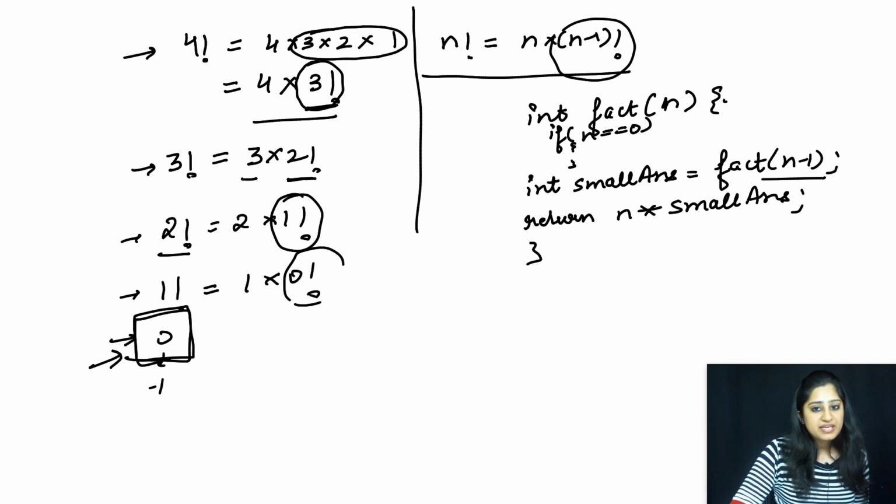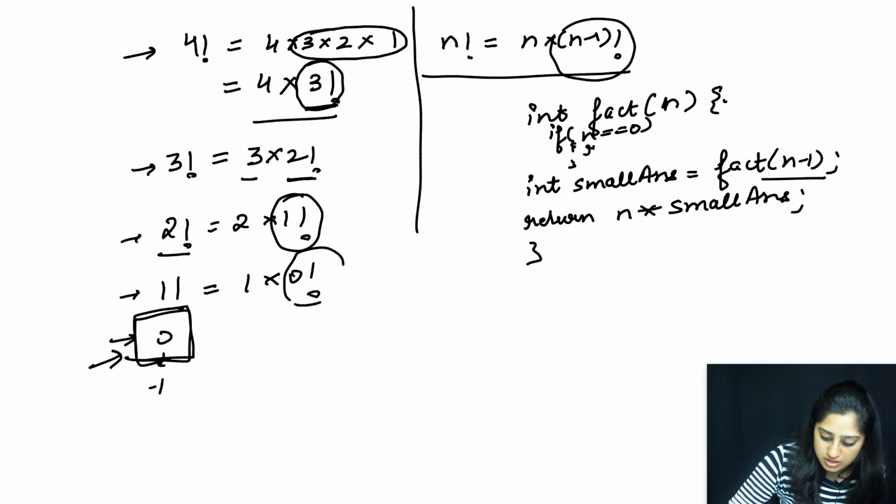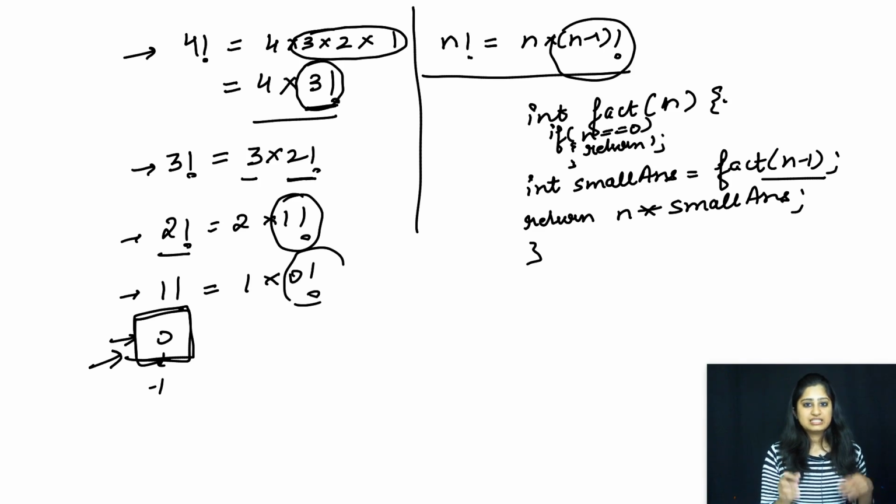So what will be my base case? The simplest case that I have to solve is if somebody asks me, hey, figure out the answer of 0 factorial. I know that, so what I should do is just return 1 here. This is the answer, which is simple and I know. I don't have to put my brain into figuring out its solution. So this is done.